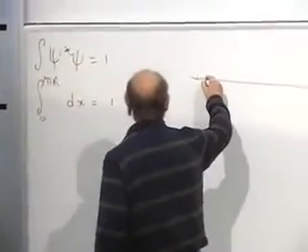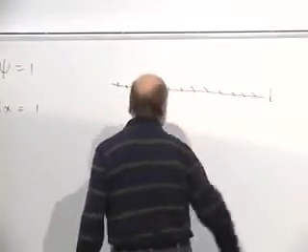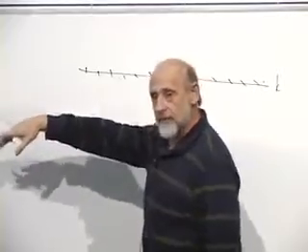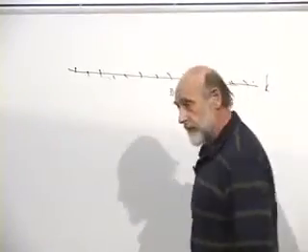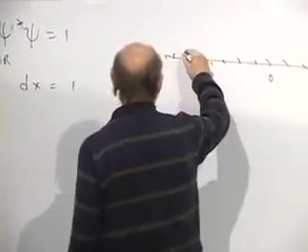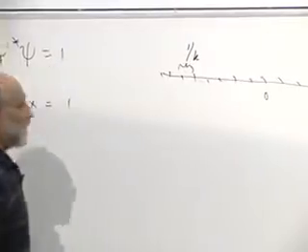So, there they are. Those are the possible values of k, starting at 0, going off to negative infinity, going off to positive infinity. And the separation between them is 1 over r.